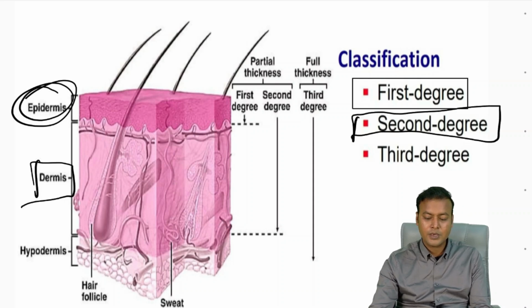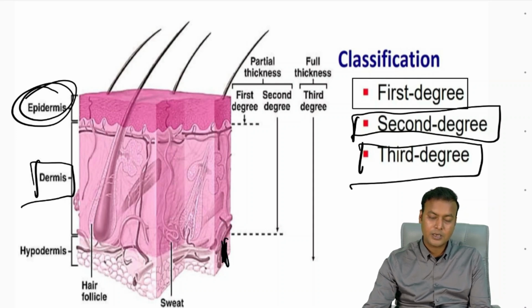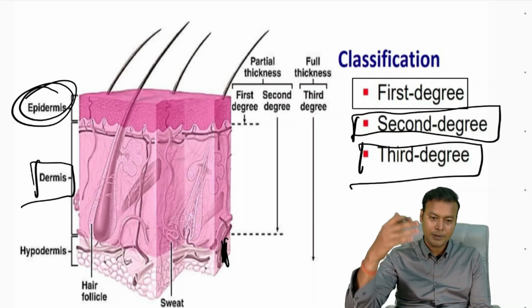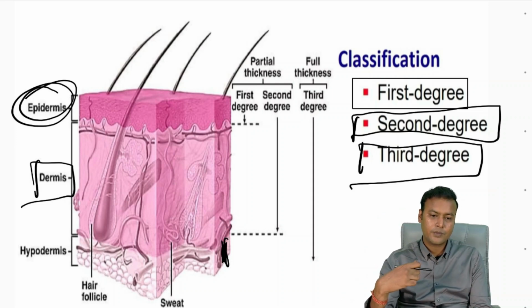And if the burn reaches till the hypodermis, so this part is the hypodermis, then it is the third degree burn. So depending on the structure involved, if it is the most superficial, that is epidermis, it is first degree burn. If it also involves the dermis, it is second degree, and if the burn reaches the hypodermis, it is a third degree burn.